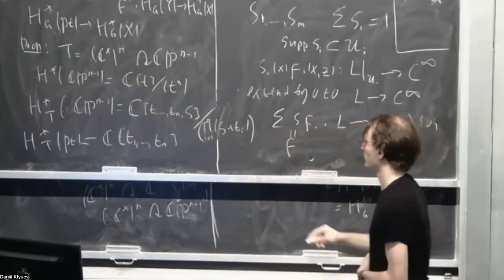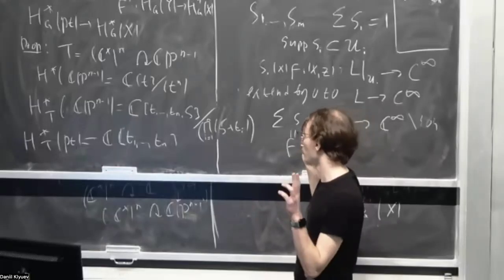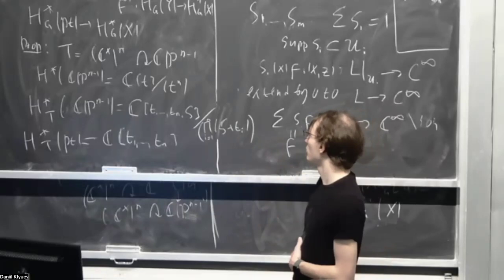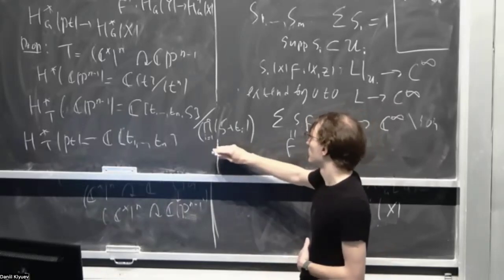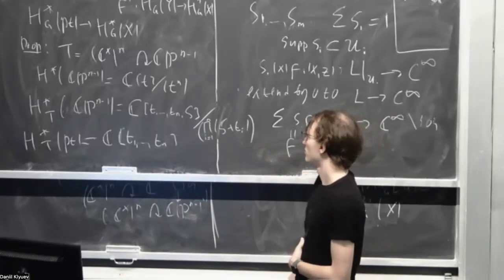So we have this polynomial of degree n with roots minus t_1, ..., minus t_n, and the only thing we have to do is to factor over the ideal generated by this polynomial.